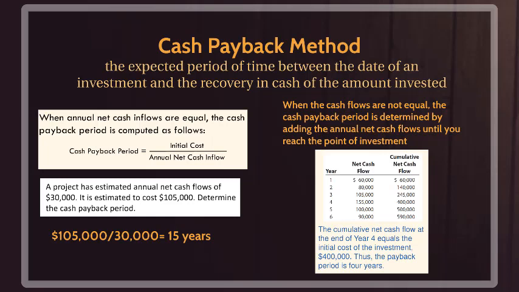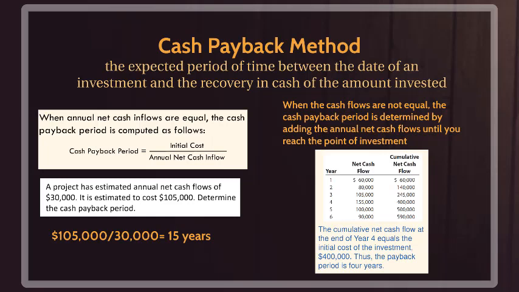For example, if our cash flows are equal, we would just take our initial investment, divide that by our equal cash flows, and it would take 15 years to recoup our investment on this product. If that's acceptable for our management, we might consider this investment.